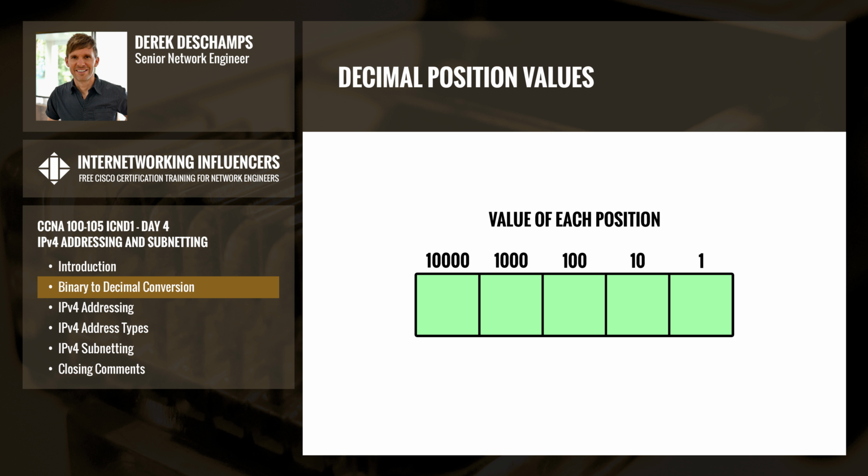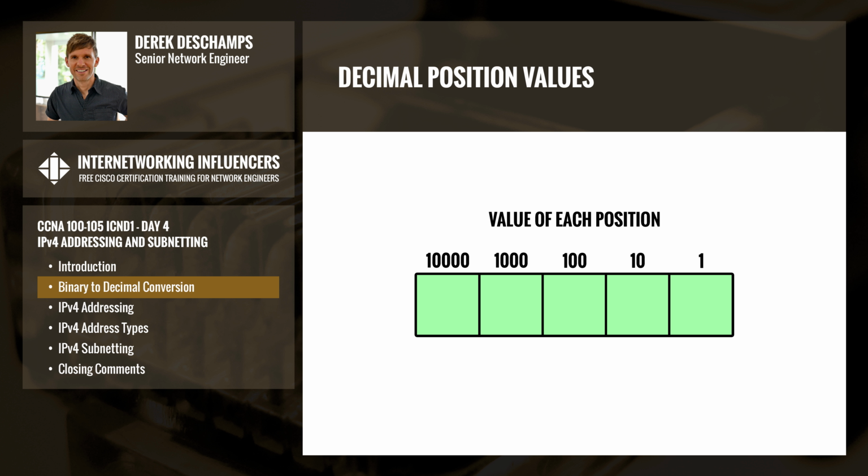With the decimal system that we all know and use daily, the value of each position that a number can take increases by a factor of 10 as we move from right to left. For example, the first position from the right has a value of 1. The second position has a value of 10 times the first position, giving it a value of 10.